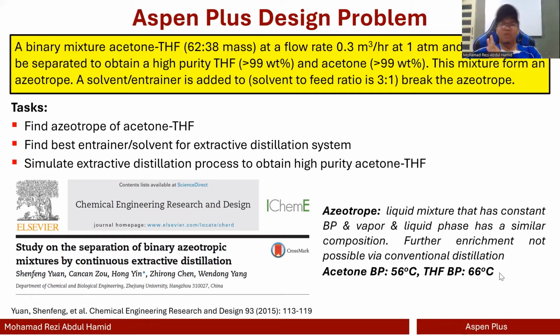So, when talking about boiling point difference, this could be separated using a simple distillation, but unfortunately they form an azeotrope, so we have to break the azeotrope to obtain high purity components. Oh yeah, before I forget, I would like to mention that this design problem was extracted from a research article published in Chemical Engineering Research and Design by Yuan et al., published in 2015.